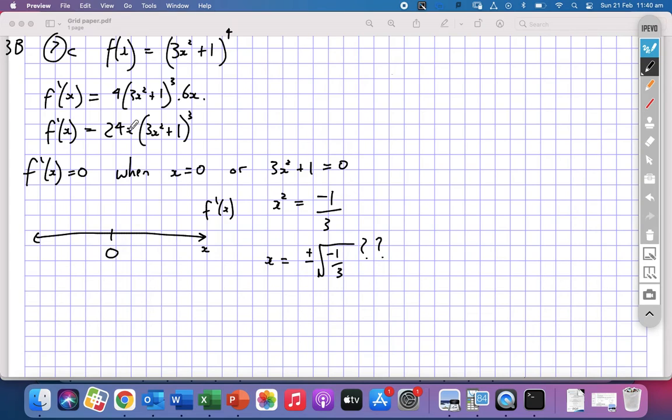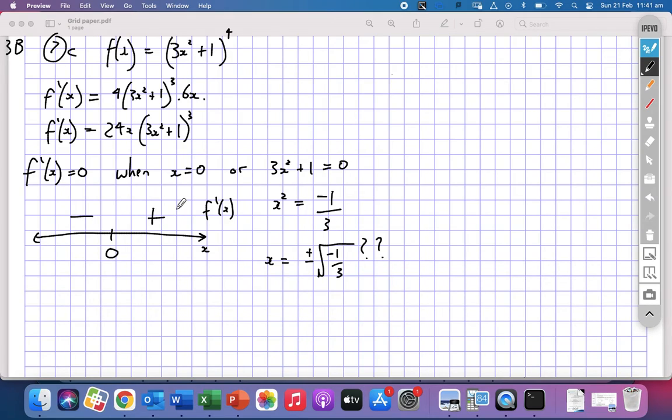If I put in a minus 1 here, I have negative 24, whereas it doesn't matter what I put in here, it'll be positive because minus 1 squared will be positive. So that's negative and that's positive, right? If you put in the number 1, if you're testing this region, 24 times 4 cubed, whatever that is, it's a positive number, right? So you are done.